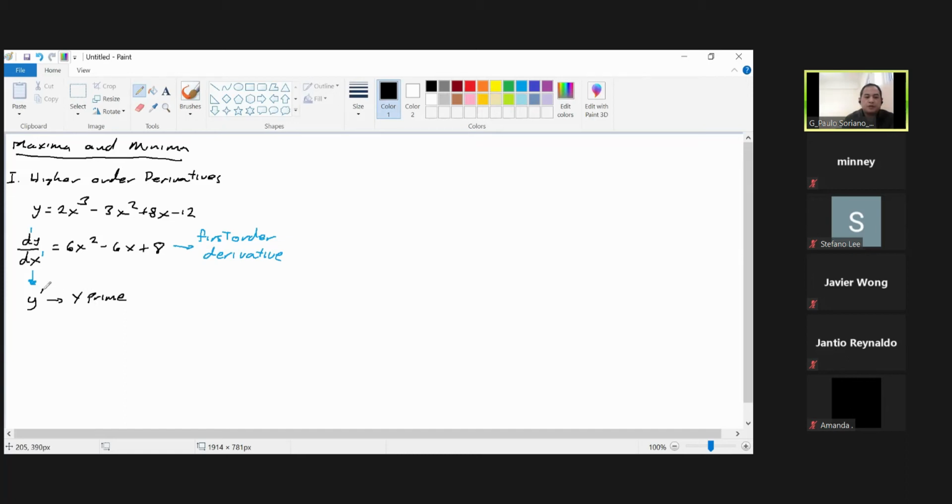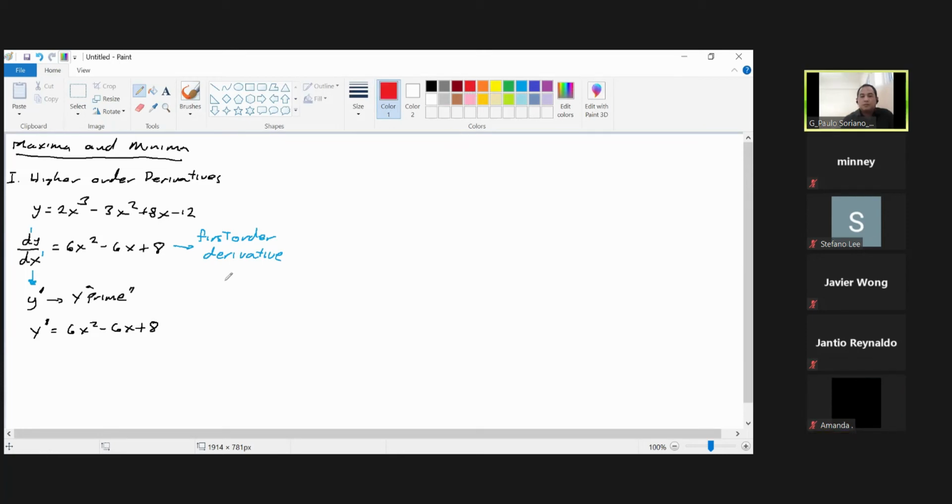So this can be notated shorter as y prime equals 6x squared minus 6x plus 8. That one apostrophe means it's the first order derivative. Are we clear on this? Yes or no?